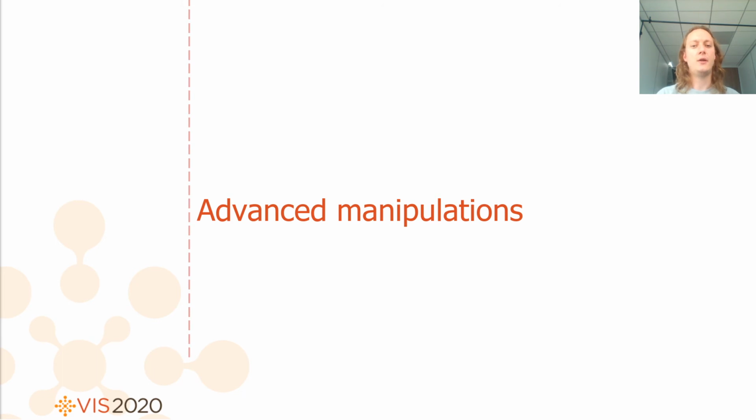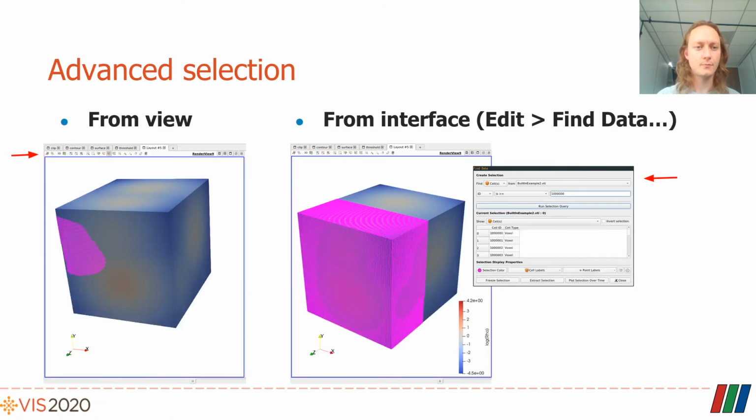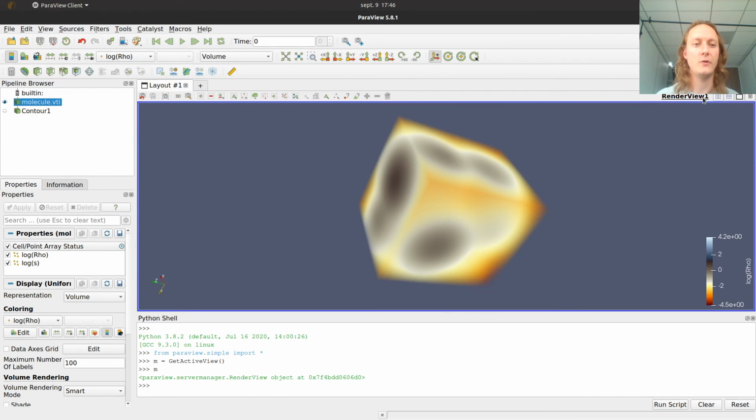Now let's see some advanced manipulation. So we can create some advanced selection. On the left we have seen there is some basic selection that you can create with the mouse, and here on the right we see the interface meant to create more advanced selection. Edit, Find Data. So let's do this.